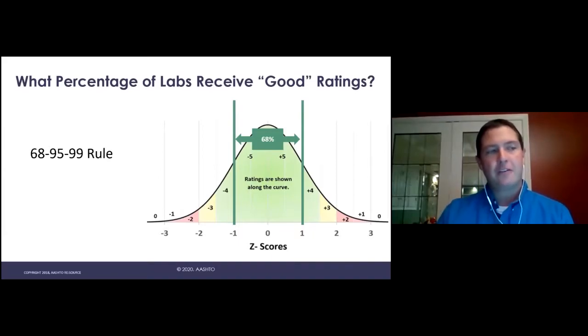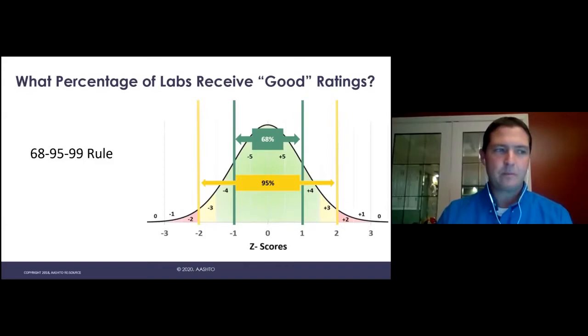So that first standard deviation includes 68% of that data. The second standard deviation includes 95%. That's typical confidence limits, confidence intervals for standard statistics. We want to see everybody inside of 95%, and that's where you see that transition between a 3 and a 2. That's essentially the cutoff.